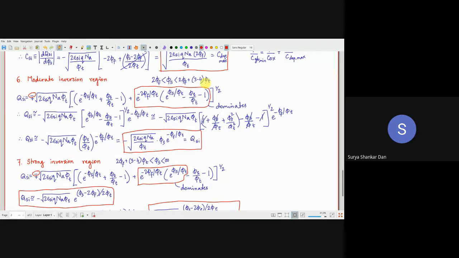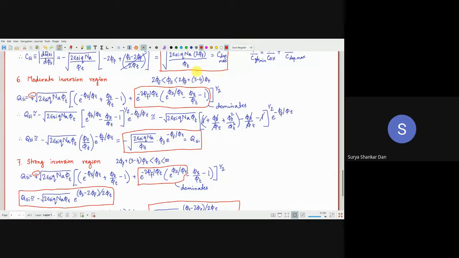This term comes in modern technology, that is the industrial standard, so that VT is slightly overestimated from the perspective of a better circuit design. So if you ask a pure device person, who has nothing to do with circuits, they will basically say, okay, phi s greater than 2 phi f is strong inversion. But no, we are all smarter than that. So we will essentially think in terms of designing industry standard circuits. So there it's better to put 3 to 4 phi t. That means around 0.1 volt extra we will allow for VT.